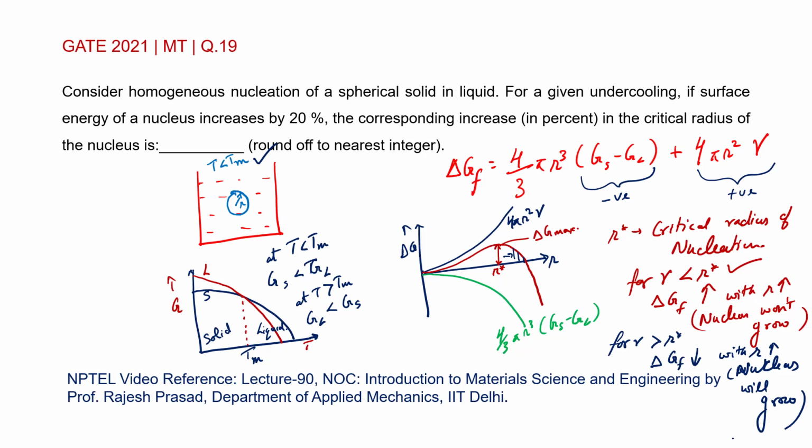Okay, so in order to find the expression for the critical radius of nucleation, we will simply follow the principle of maxima and minima. We know that from the definition of critical radius of nucleation, delta G is maximum at r equal to r star. Delta G is equal to delta G max at r equal to critical radius.